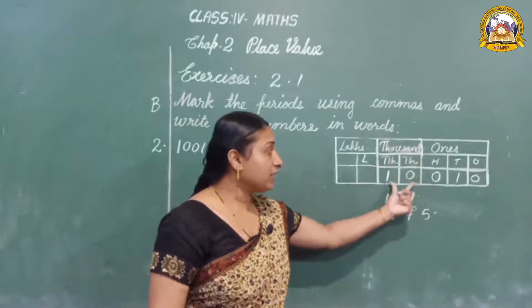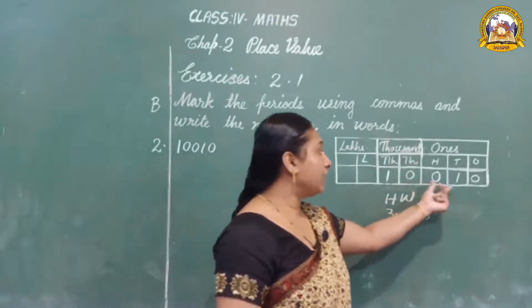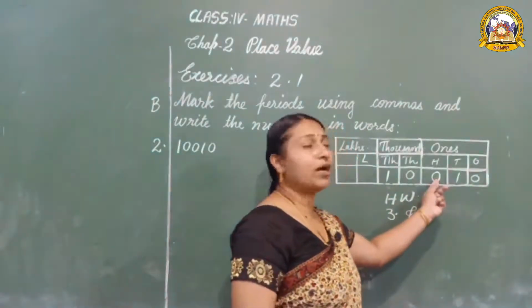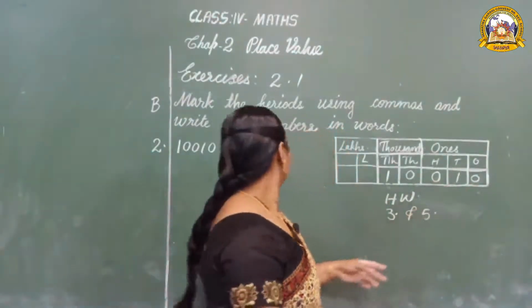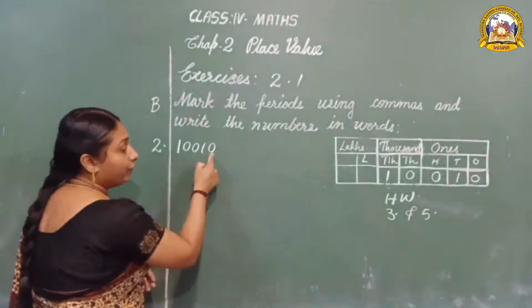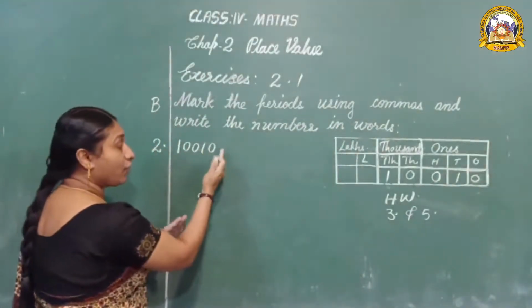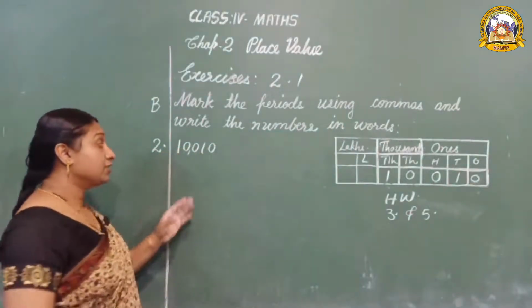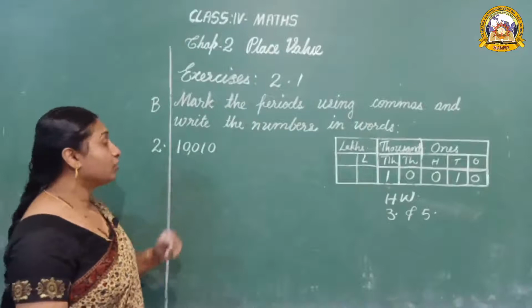Yes, under thousands, 10,000. Then here only 10. There is no 100. So first let us give a comma before 3 digits. First count from right side. 1, 2, 3.